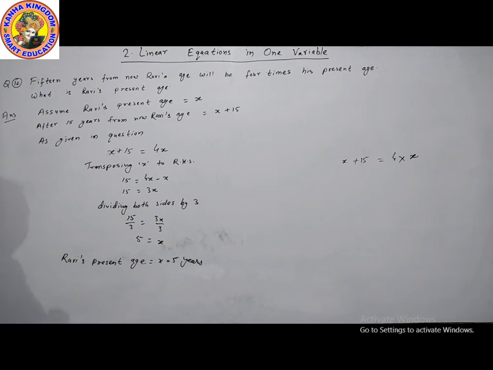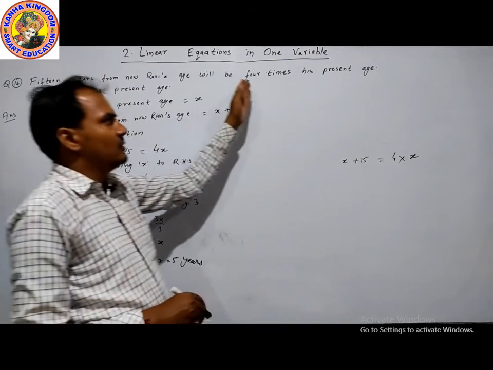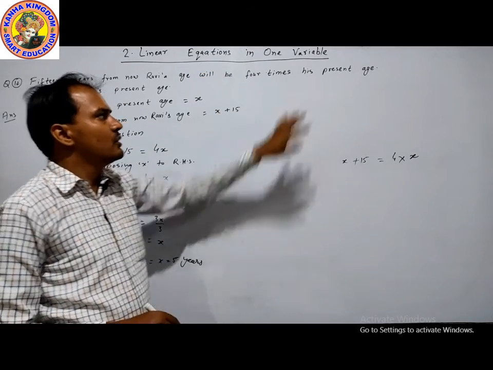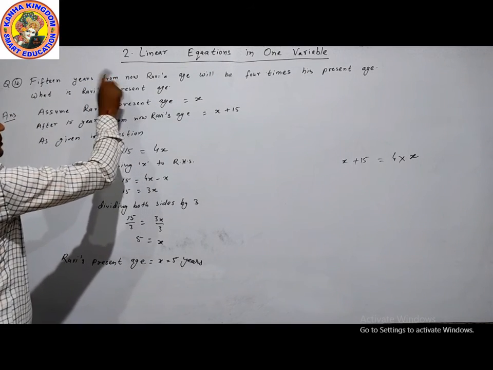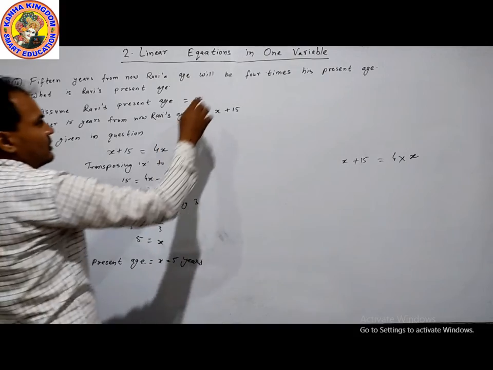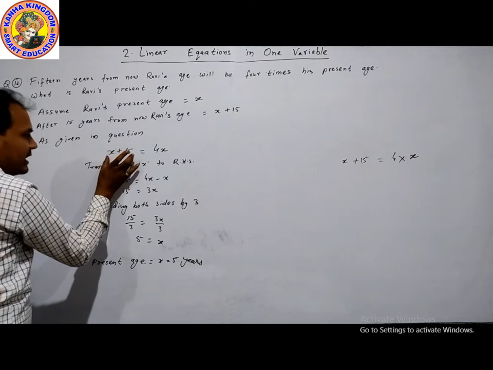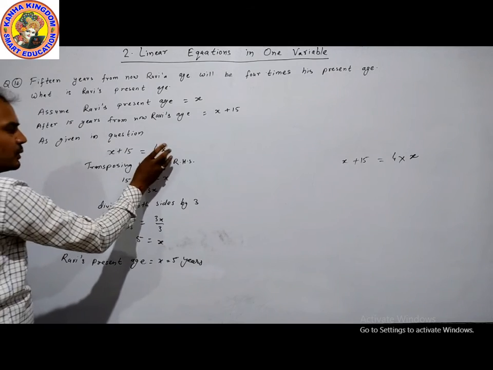So, taking from the beginning of the question, 15 years from now, after 15 years, Ravi's age will be equal to 4 times his present age. What is the present age? Let us assume present age is x. 15 years from now means after 15 years, the age is x plus 15. The age will be equal to 4 times the present age, 4 times x.